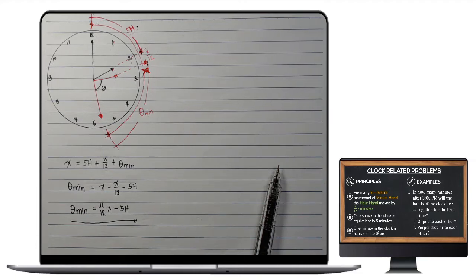Okay? So, we arrive with this equation. So, you may use this one pag ang hinahanap ay what will be the angle. Okay? So, after, let's say, what will be the angle between the minute hand and the hour hand after 20 minutes. So, yan yung ating gagamitin. You can substitute this one.